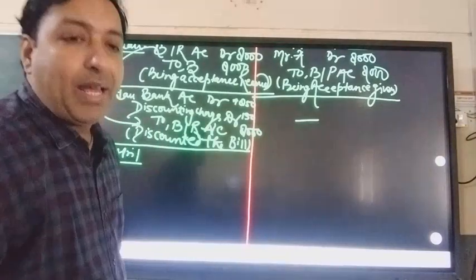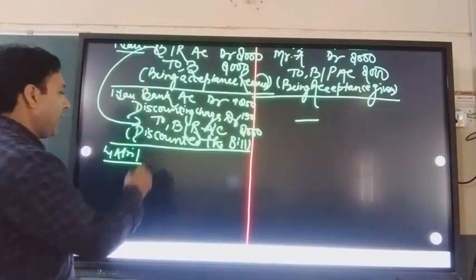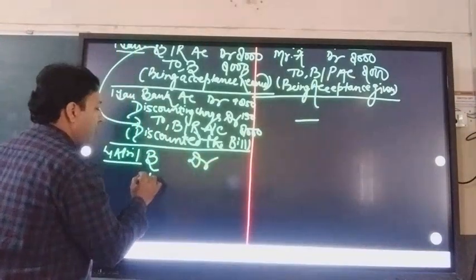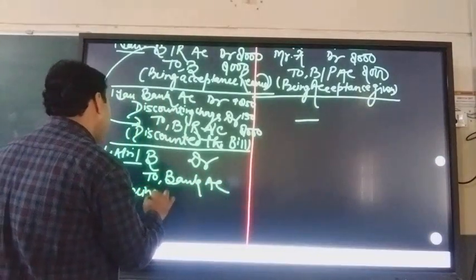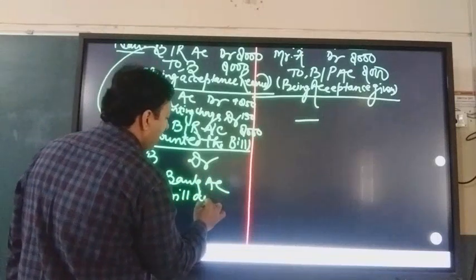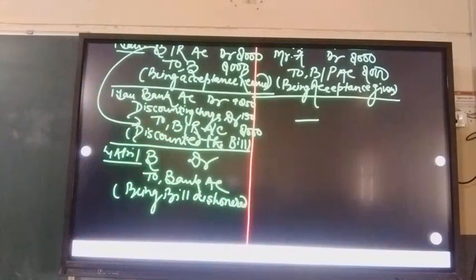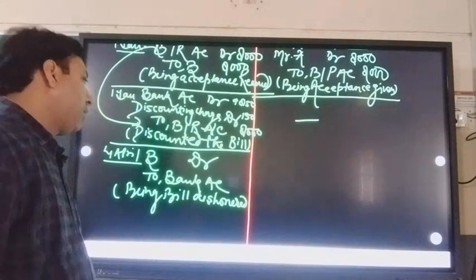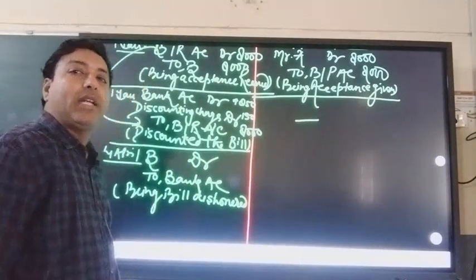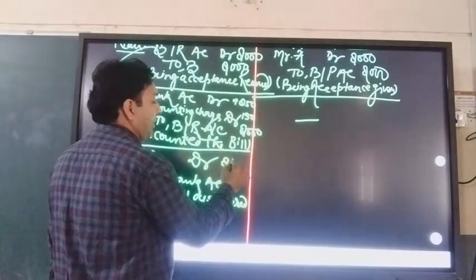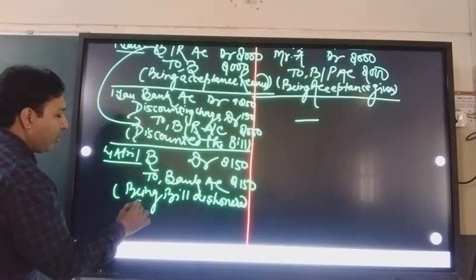Now who has the bill? The bill is with the bank. If the bill were not with the bank, we would make the entry B debit to BR. Okay. So here the entry will be B debit and to what? To bank, because the bill is with the bank. You have to write the narration, being bill dishonored. What amount do you have to write here? The total bill is 8,000 and 150 rupees noting charges, so here we will write 8,150 rupees with noting charges. Being bill dishonored and noting charges.